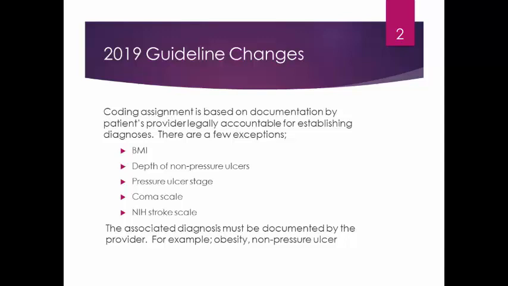You can't look at the BMI as a coder and say, oh, this BMI is greater than 30, so the patient's obese. That has to be documented. However, these things you can. Somebody can say this patient has a non-pressure ulcer. The medical assistant can tell you the depth, and then you can code it accordingly. So that's a pretty significant change.